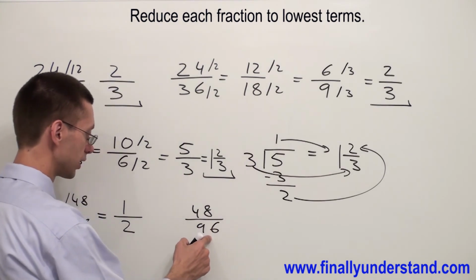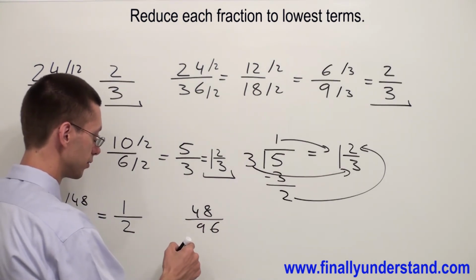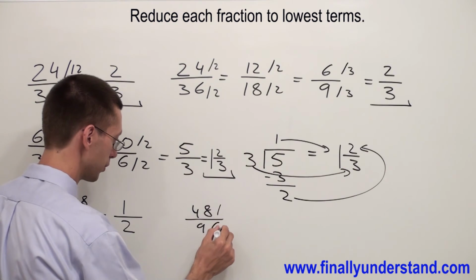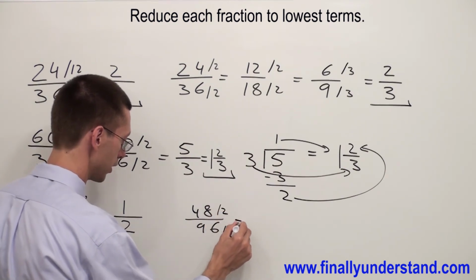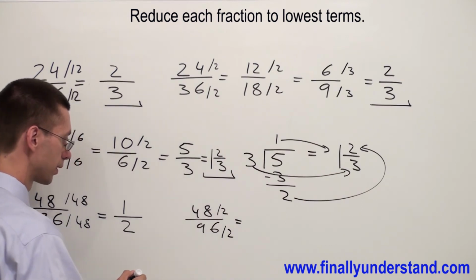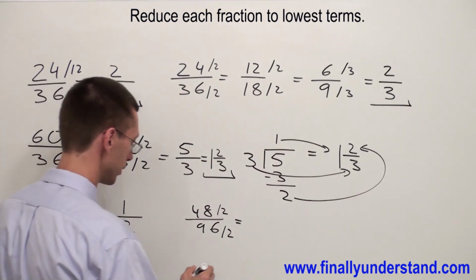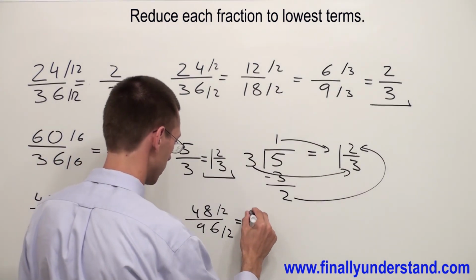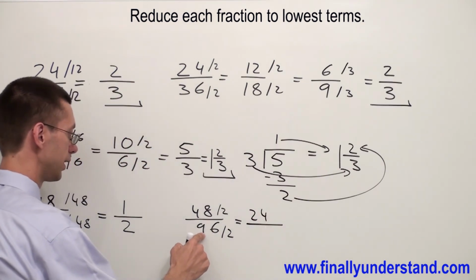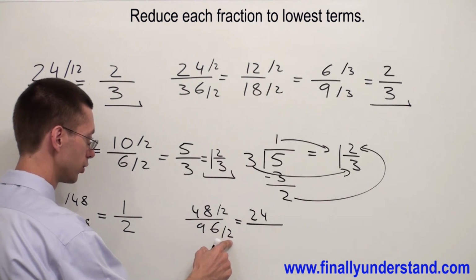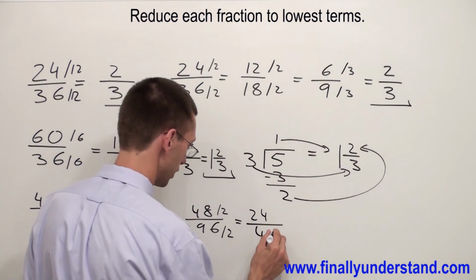48 and 96, both of them are examples of even numbers, so both of them are divisible by 2. 48 divided by 2 is equal 24. 96 divided by 2 is 48.